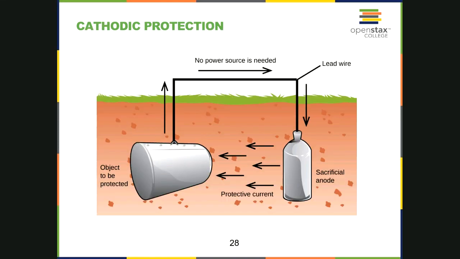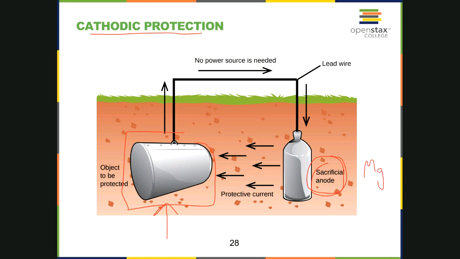It's called cathodic protection. The way this is working is we have an object that we're trying to protect. So we've got a fuel storage container in the ground, or you've got a bridge support like on the expressway where we've got bridges, and we bury an anode that is called a sacrificial anode. Frequently this is a piece of magnesium.